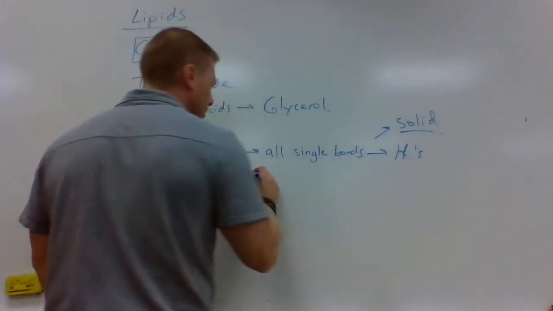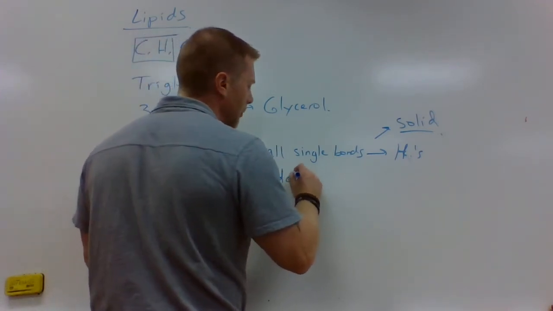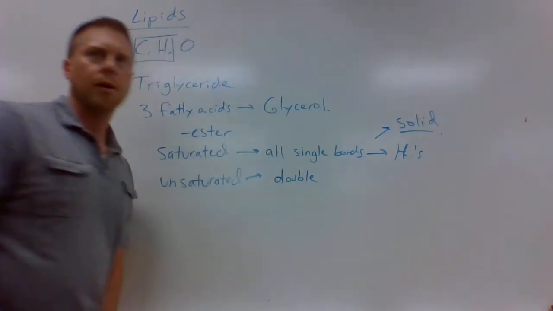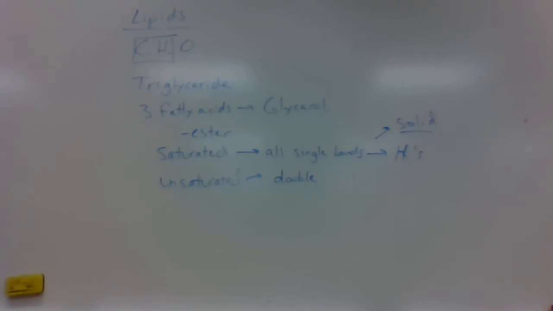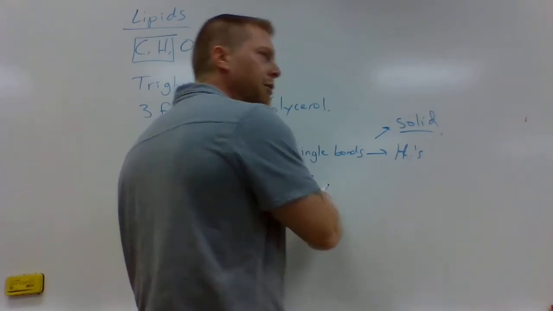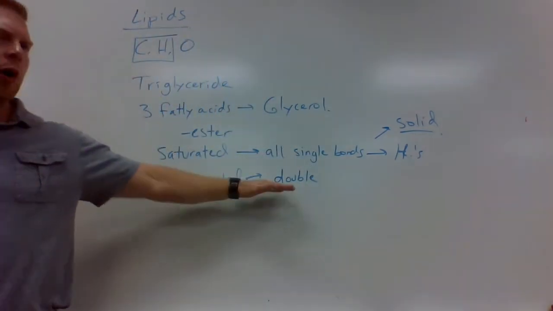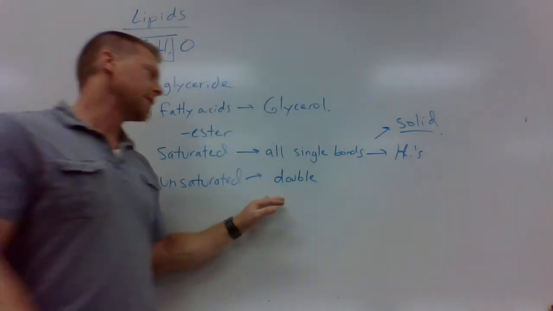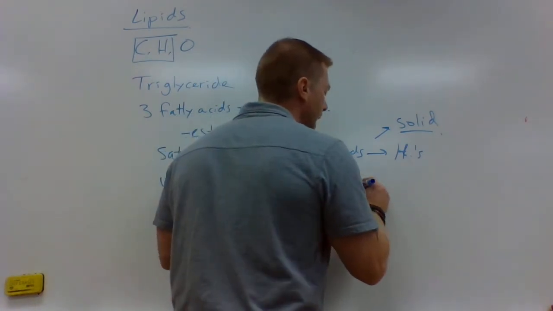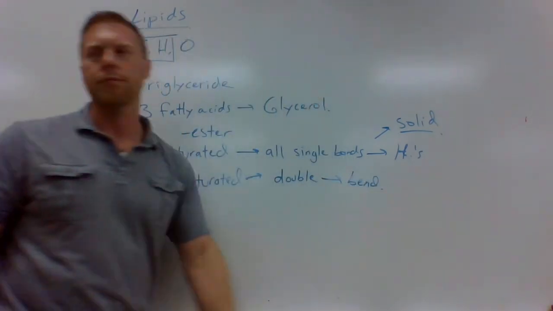Unsaturated fats are created through a double bond. So when you create a double bond, what do you have to lose to have that double bond? Hydrogen. Right? So unsaturated fats have less hydrogen, and that double bond is going to create a bend in the chain.